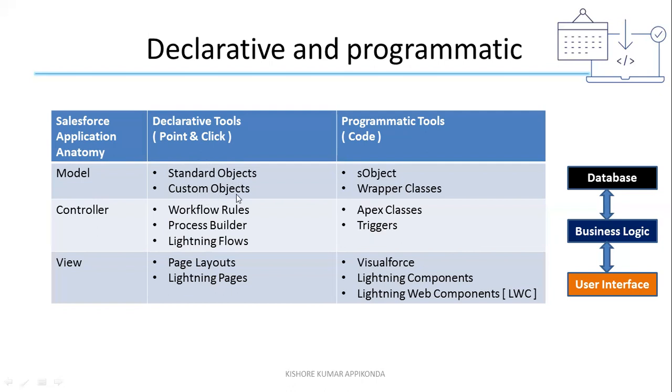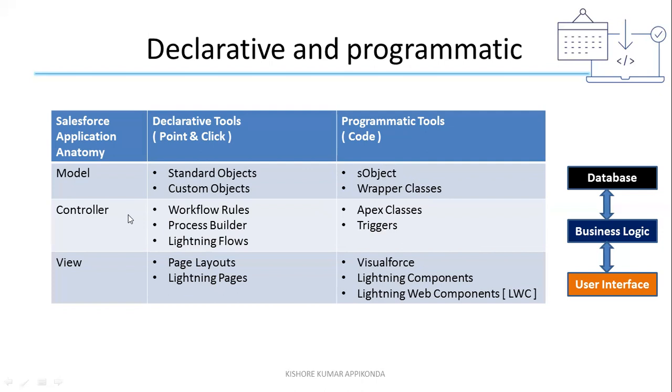But programmatically, how do we handle objects? For example, if you want to store any particular data, we use sObjects, wrapper classes, or DML operations to handle the whole data model by using this programmatic tool.